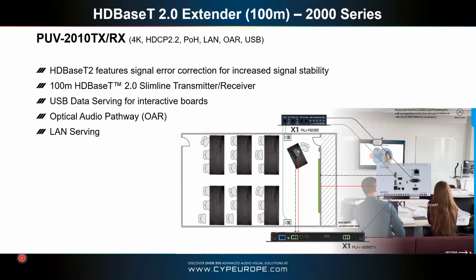When you couple this with using shielded cables, HDBaseT 2 is a lot more reliable in noisy cabling infrastructure systems. So whether you've got high EMI or whether you've got electrical interference because your Cat cable has had to run near to power cables, this allows a lot of extra stability within the system.